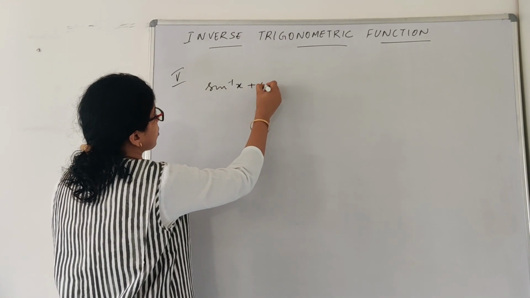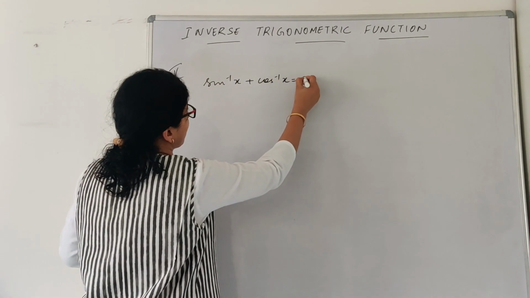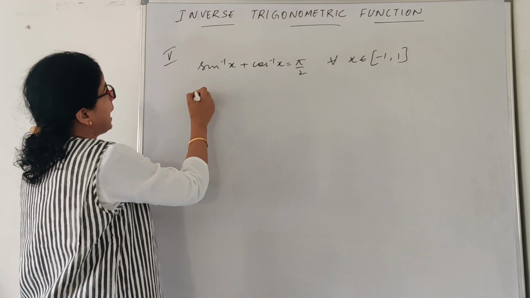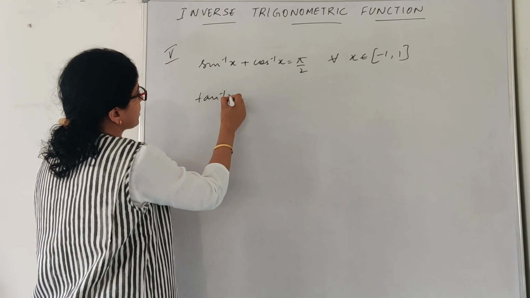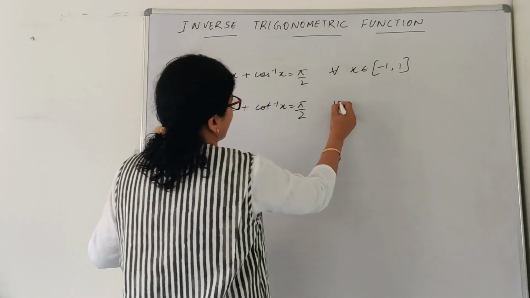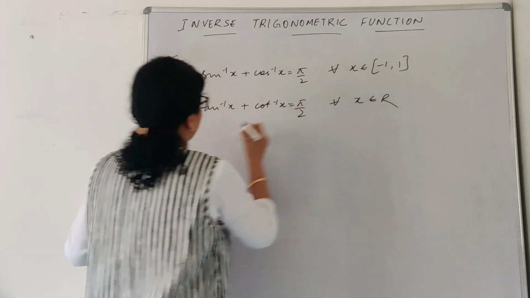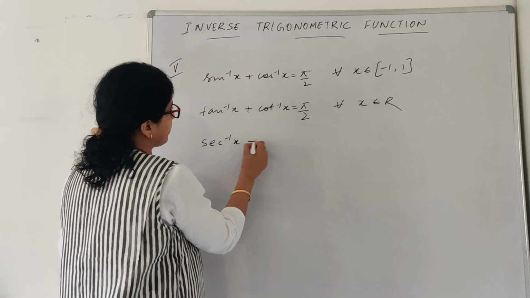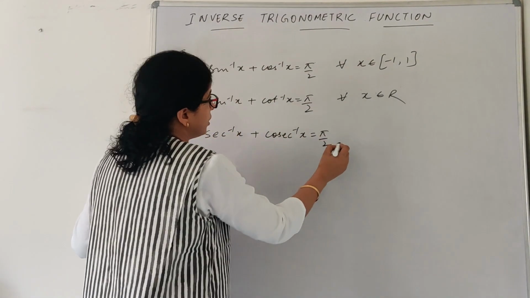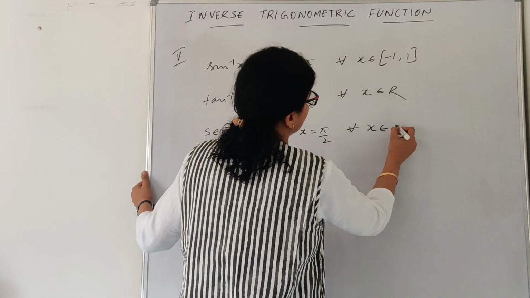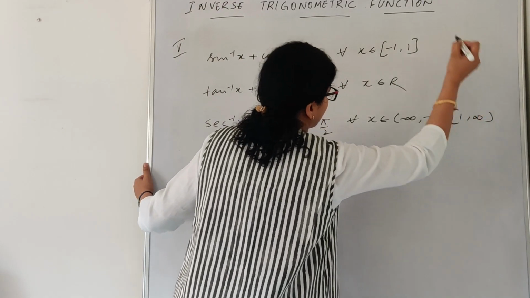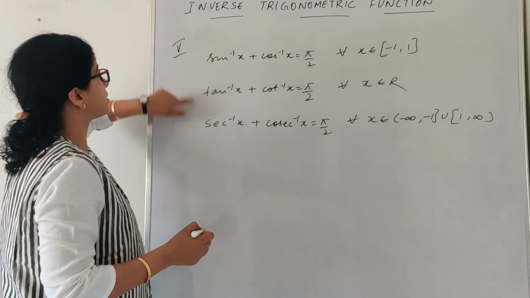Sin inverse x plus cos inverse x equals pi by 2 for all x belongs to [-1, 1], and tan inverse x plus cot inverse x equals pi by 2 for all x belongs to R, and secant inverse x plus cosecant inverse x also equals pi by 2 for all x belongs to (minus infinity, minus 1] union [1, infinity). So these are my three cases in property fifth.